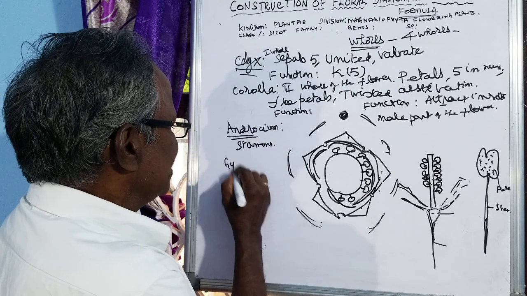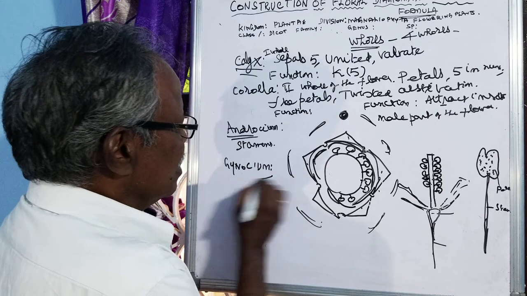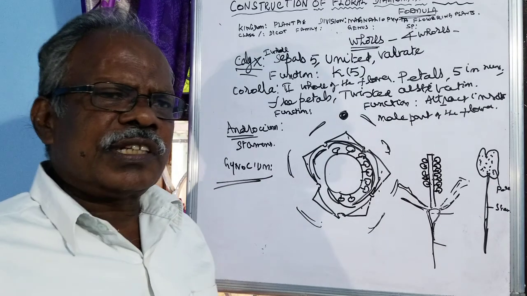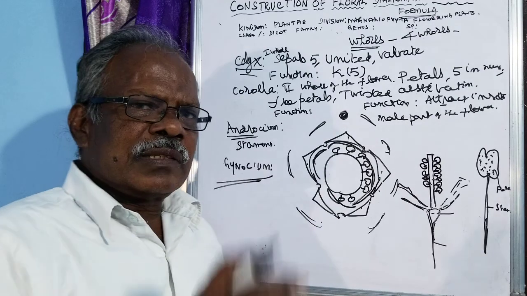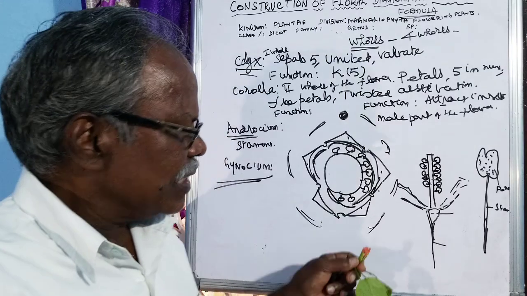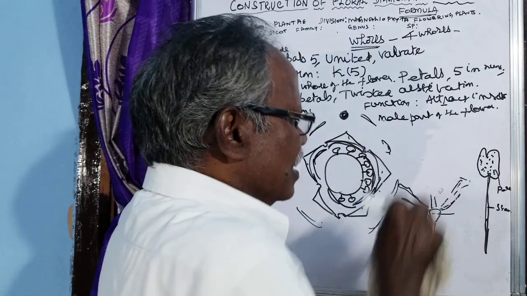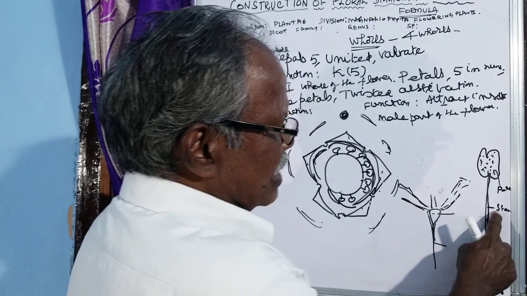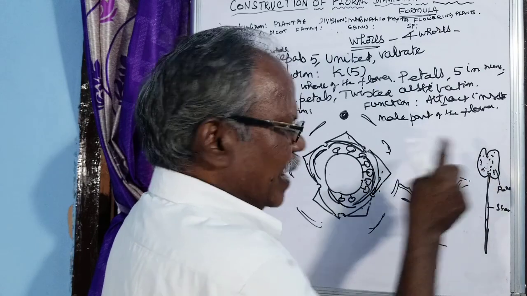Then the next thing is gynoecium. In gynoecium, we have to mention that gynoecium is made up of style, stigma, ovary. As we said here, the anther is made up of pollen grain and stamen. That is the pollen bag.